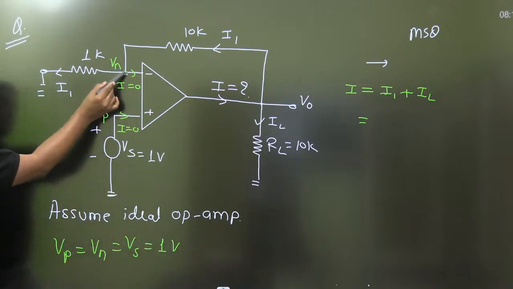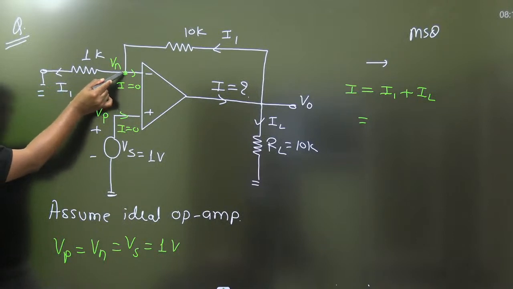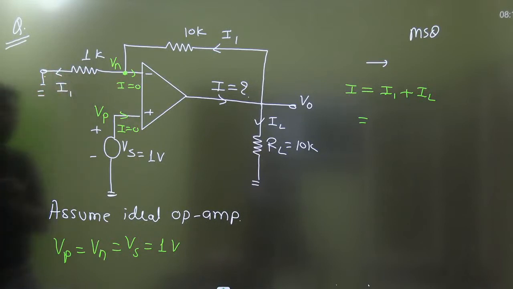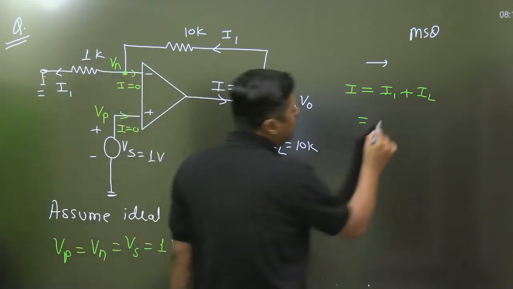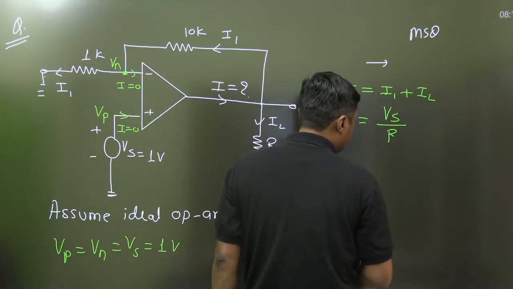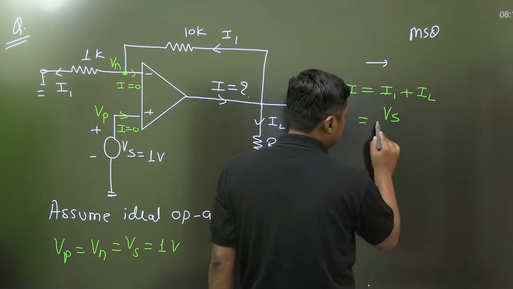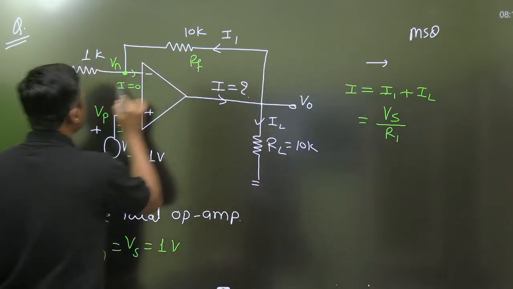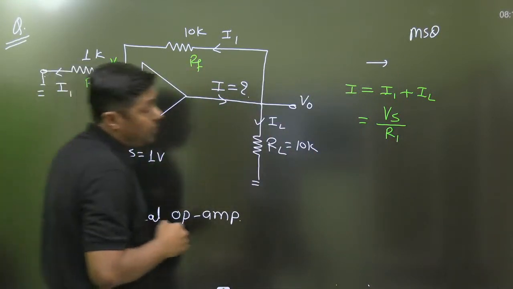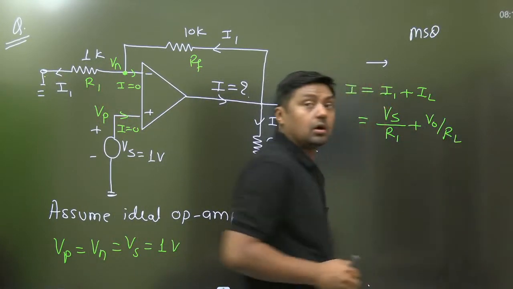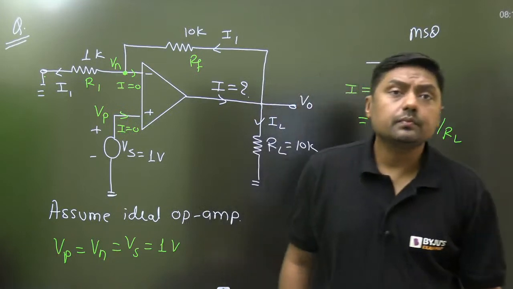The current passes from this point to that point, and that's why we can write (Vn minus 0) by R, that is 1 kilo ohm. So I1 is nothing but Vs by 1 kilo ohm, or I can say R1. So I is equal to Vs by R1 plus V0 by RL.